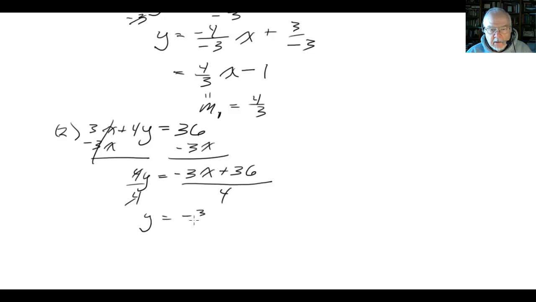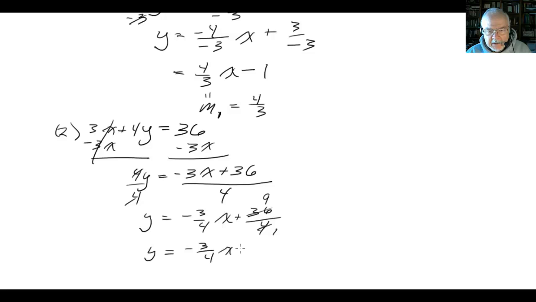And on the right-hand side, I end up with, oops, no, it's not minus 4, it's plus 4. x plus 36 over 4. I can't simplify that coefficient, so that's still minus 3/4. 4 goes into 36 9 times.